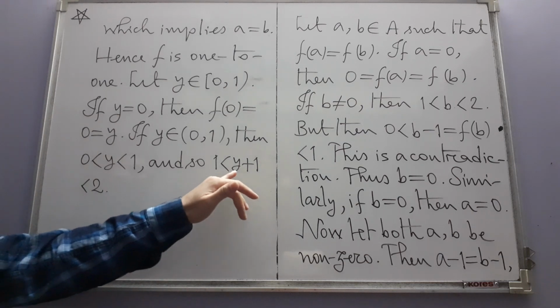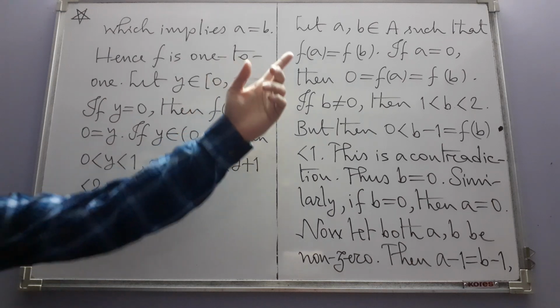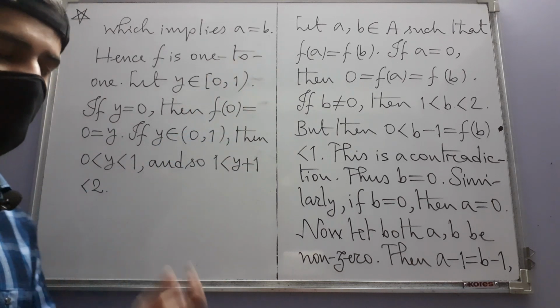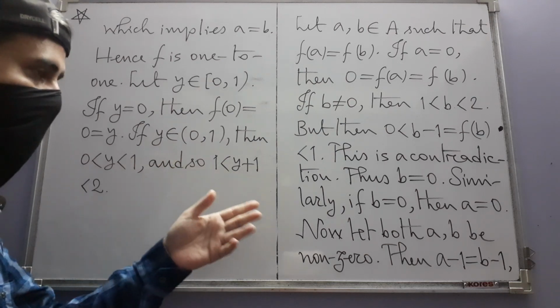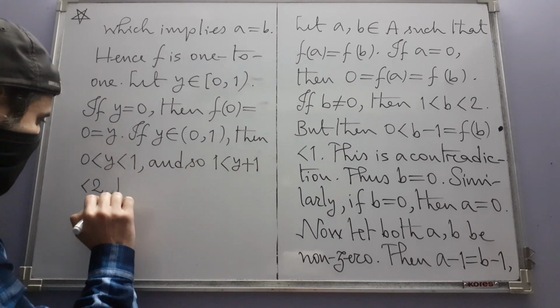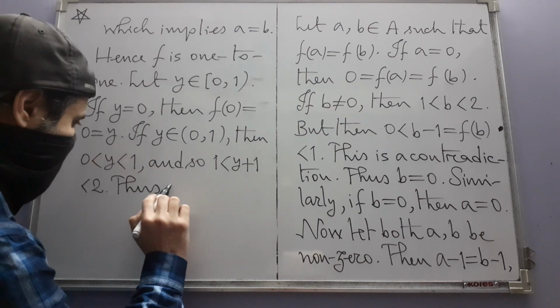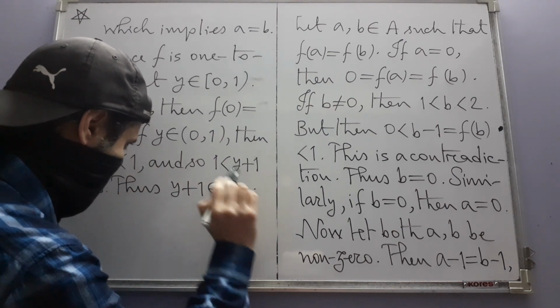In other words, the real number y plus 1 belongs to the set capital A, because recall that A is the union of the singleton set 0 and the open interval (1, 2). Thus, y plus 1 belongs to A.